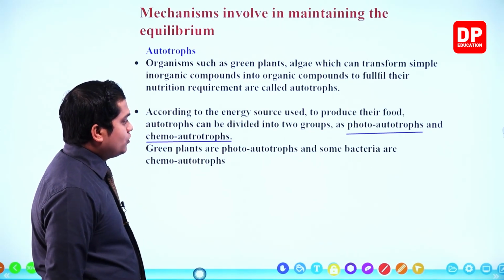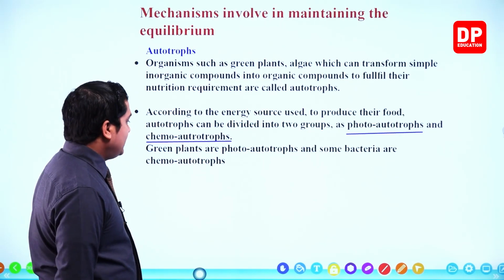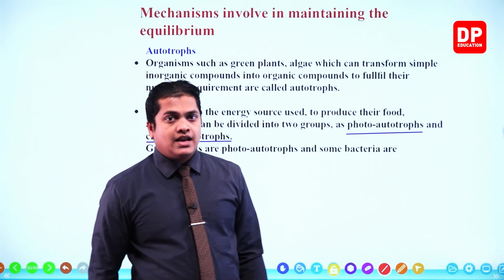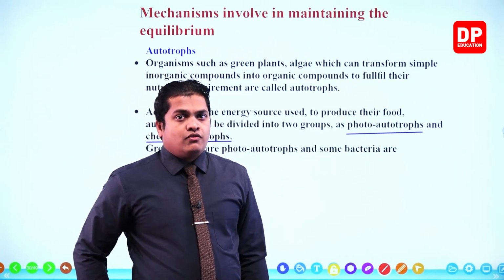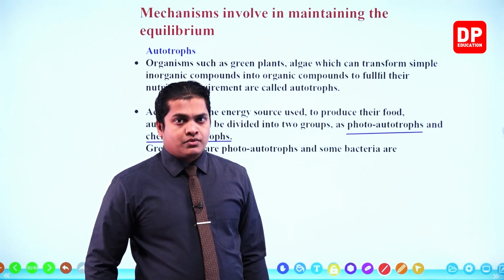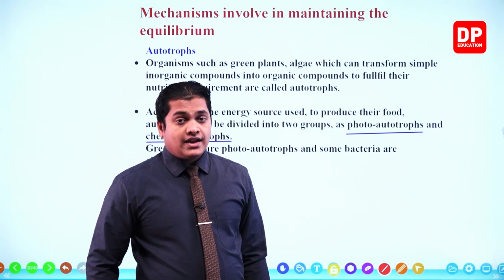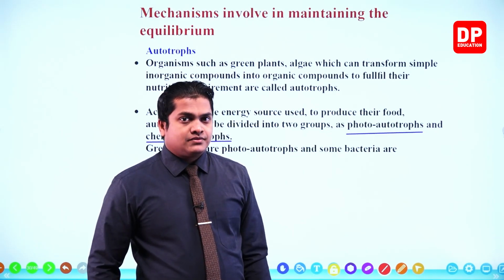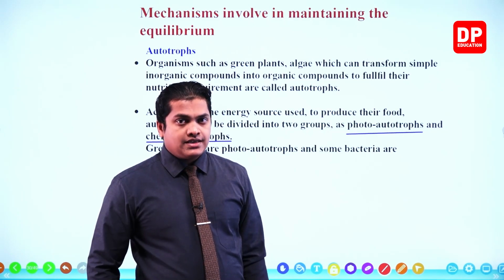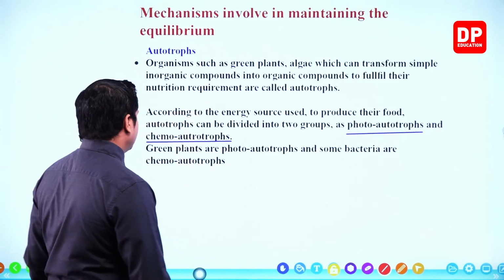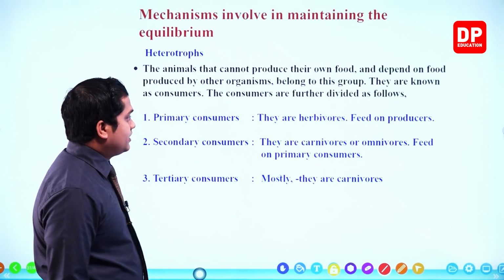Green plants are photoautotrophs and some bacteria are chemoautotrophs. Green plants and algae belong to the photoautotrophic group as they use solar energy to produce the food they need. Then some bacteria are considered chemoautotrophs. Right, these are autotrophic organisms.